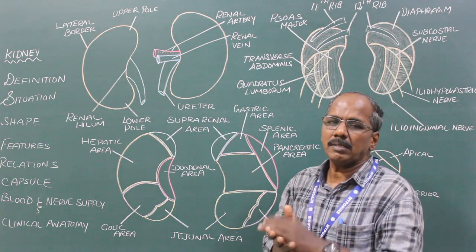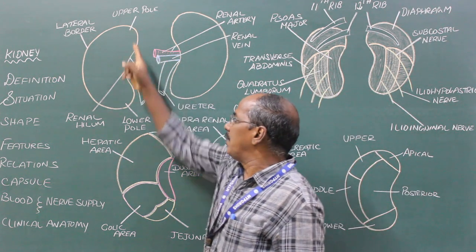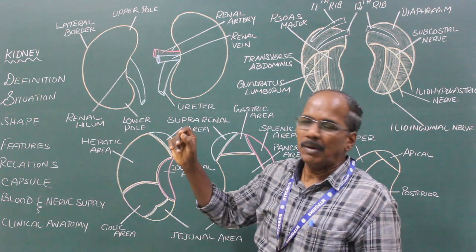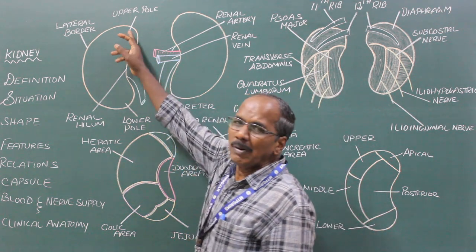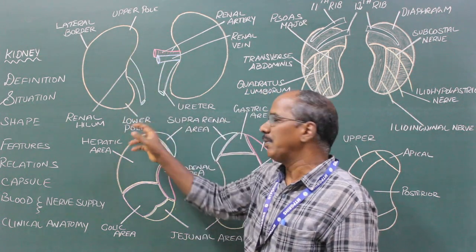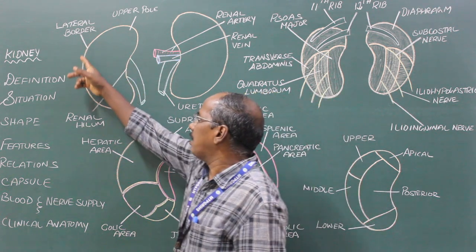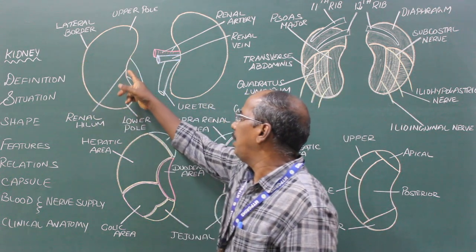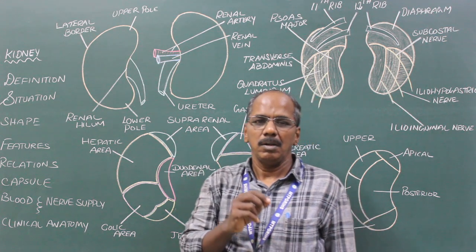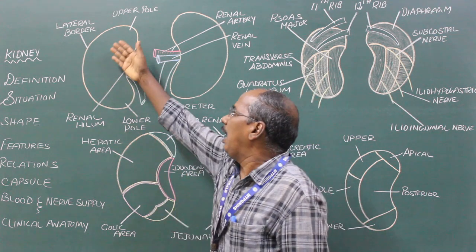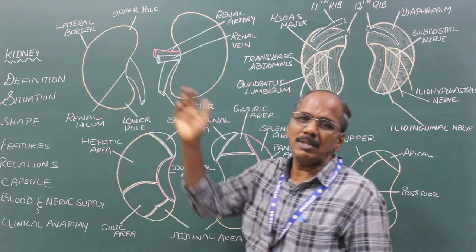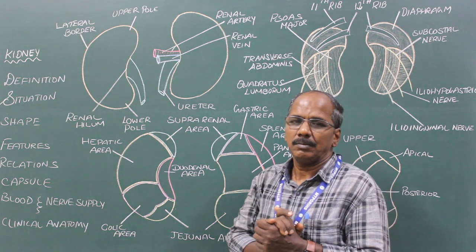Each kidney has two poles or ends known as superior or upper pole and inferior or lower pole, two borders, lateral border and medial border, and two surfaces, anterior surface and posterior surface.